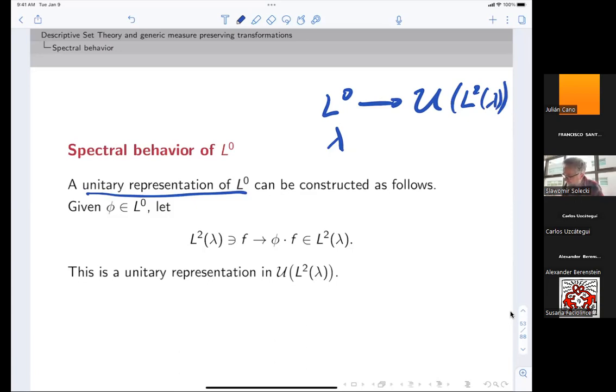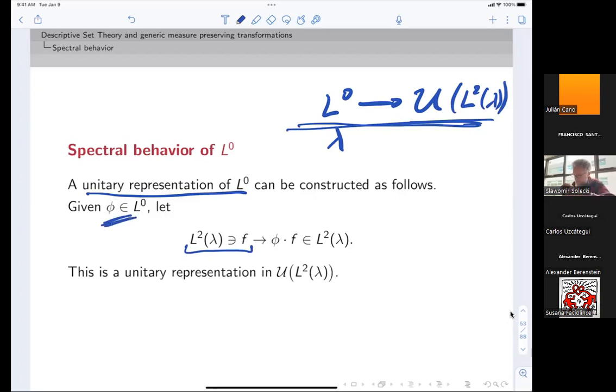I can look at unitary transformations for that Hilbert space. And then we can ask, what kind of homomorphisms can I produce here? One easy one is this. Take an element of L2 and just multiply it by an element of L0.